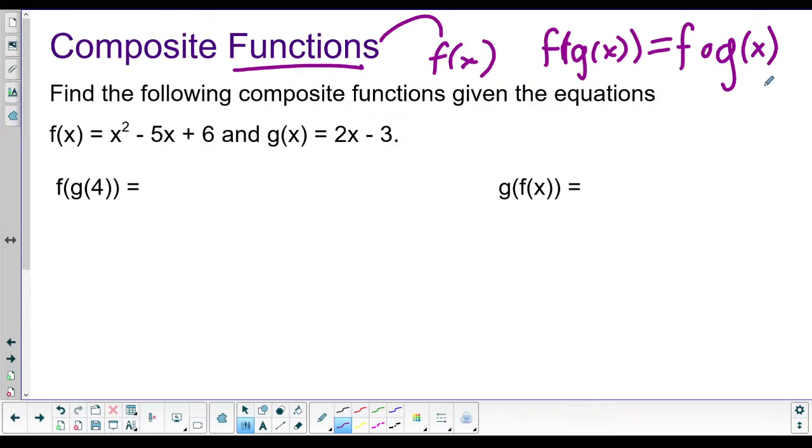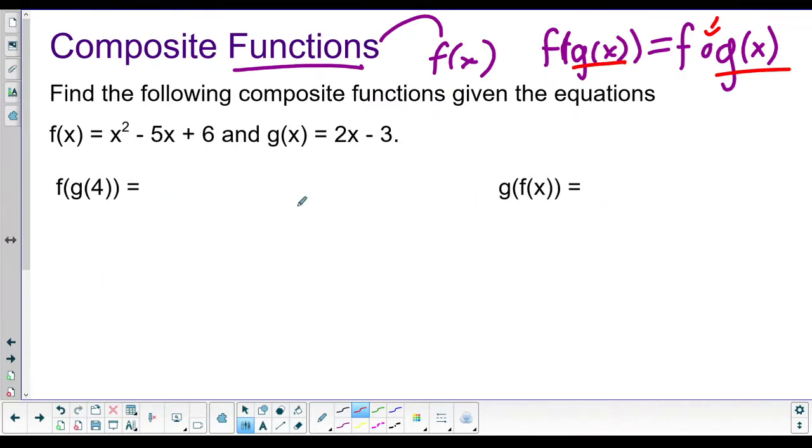Whatever the second function is, that's the inside function in this type of notation. So you might see it either way on your test or your review. Just remember these are the same thing. I wrote them in this notation down here because this symbol is kind of hard to make on a computer.